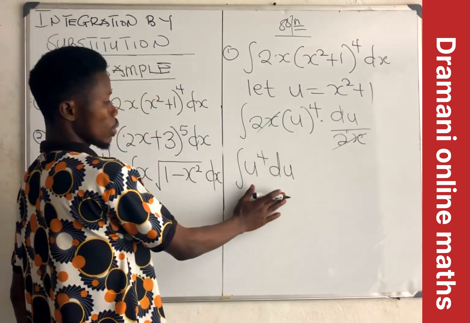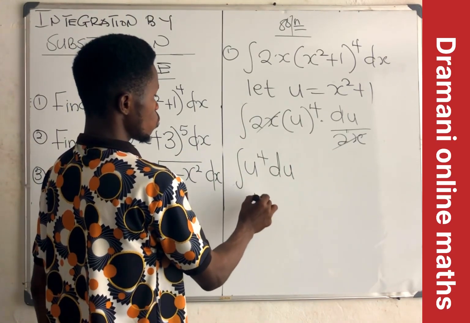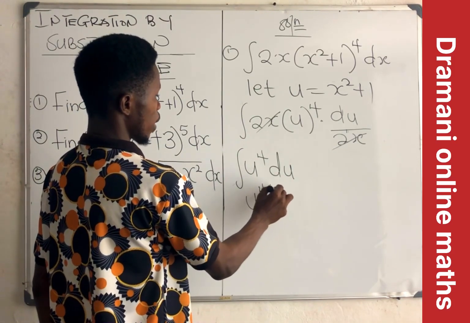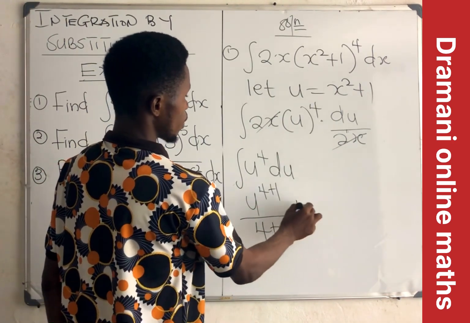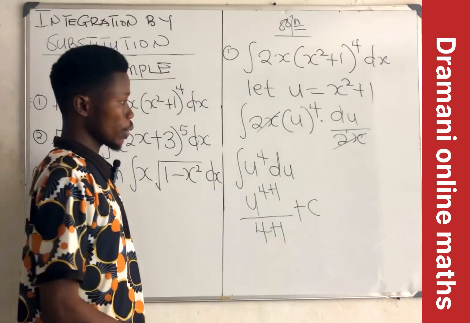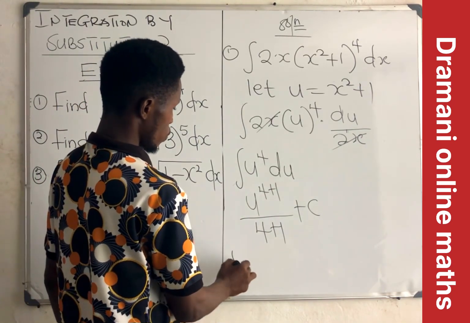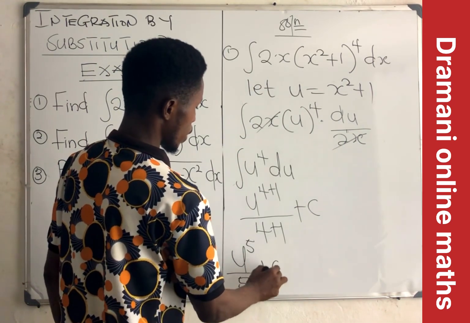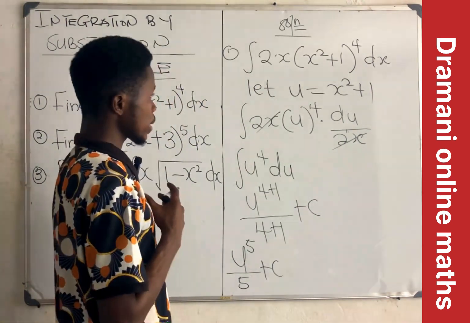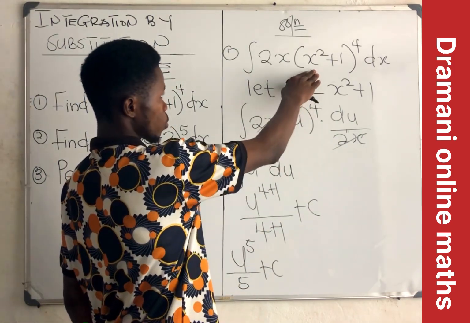Now you can integrate this with respect to u. This will give you u to the power 4 plus 1, all divided by 4 plus 1, plus c, which is u to the power 5 over 5 plus c. But the question was not given to us in terms of u, but x.